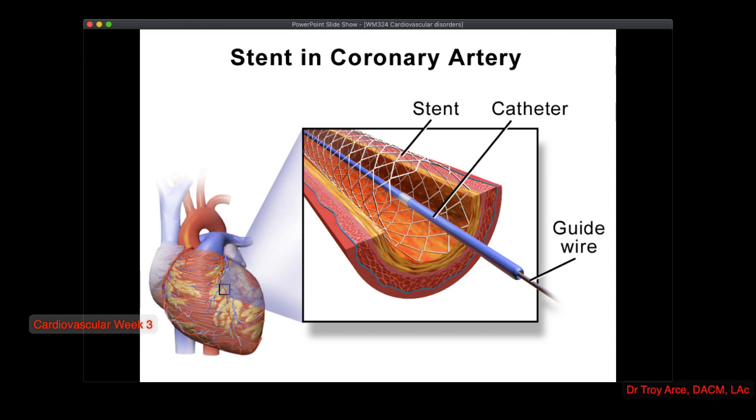It's pretty cool to actually see one of these procedures, when they use a lot of different X-ray imaging afterwards to visualize it.